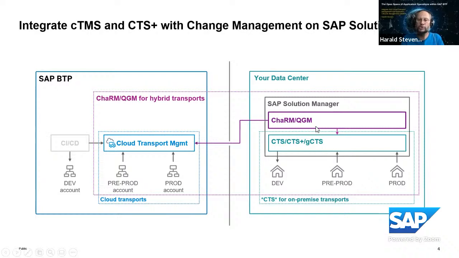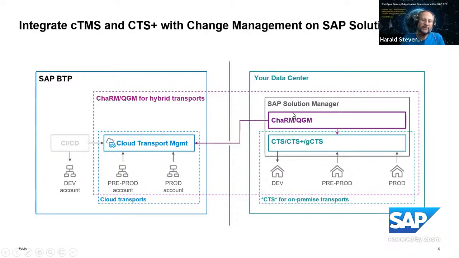These are two tools available inside Solution Manager to manage changes. ChaRM, of course, is the full-blown functionality with all kinds of functionality, whereas QGM has less functionality, but is still used in some cases. But ChaRM, of course, is the one which is used most.